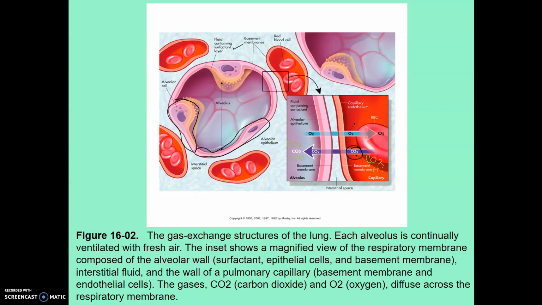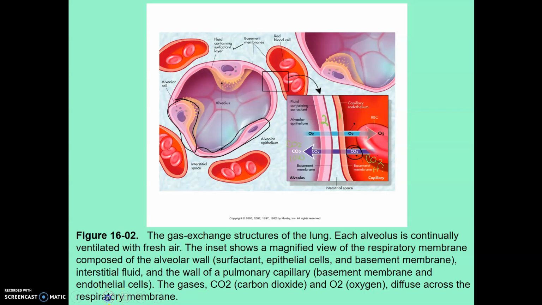So what that means in terms of diffusion is that CO2 diffuses down, in this case it's actually a pressure gradient, from high to low across the basement membrane through two cell layers. One, the capillary endothelial cell, and number two, right here, the alveolar epithelial cell.